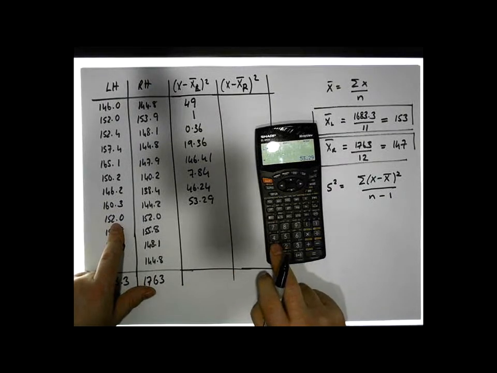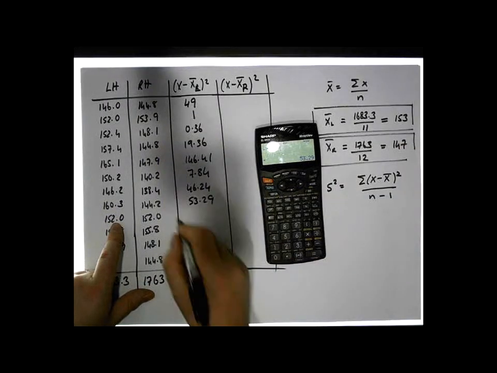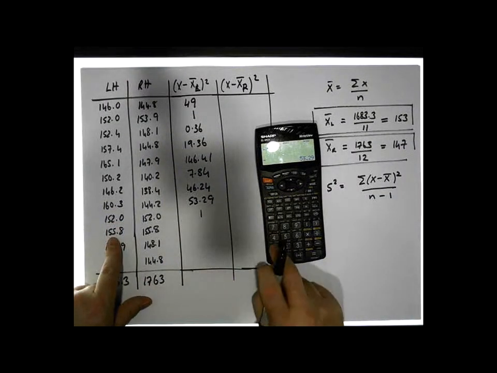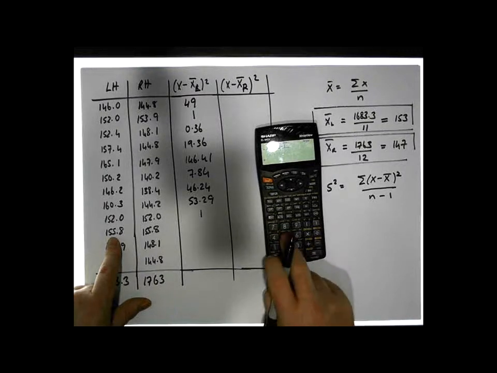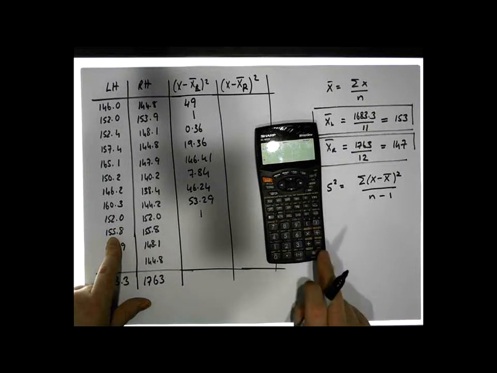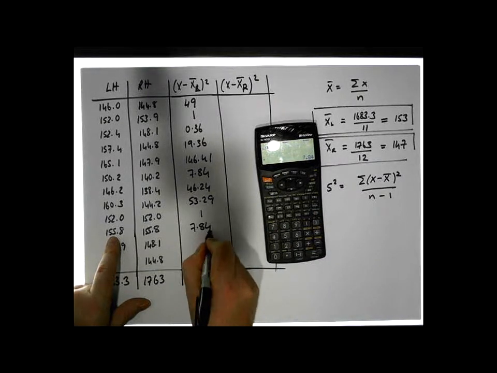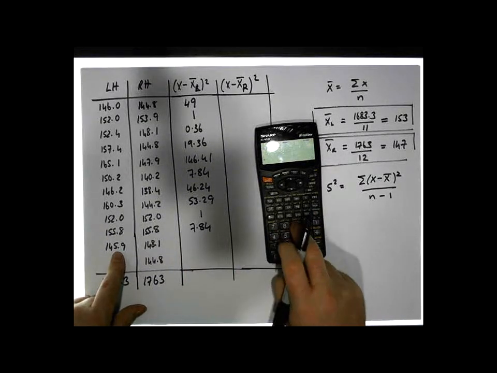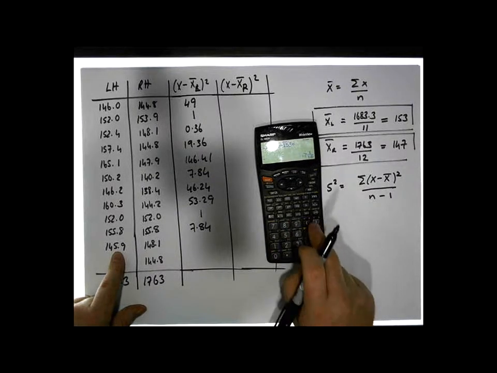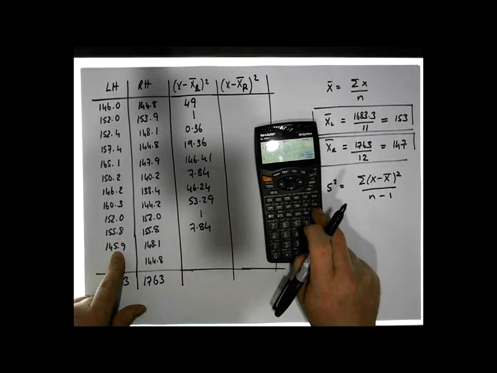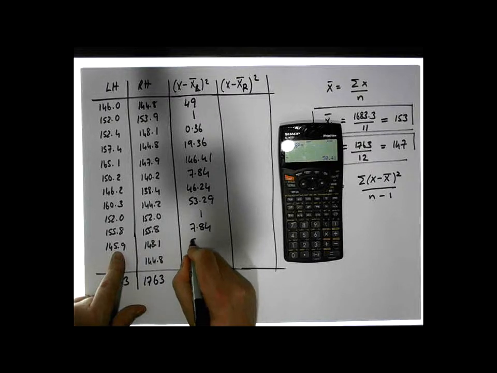Then we have 152.0 minus 153 gives us 1. 1 squared is 1. Then we have 155.8 minus 153. When we square it, that gives us 7.84. Then we have 145.9 minus 153. When we square that, that gives us a value of 50.41.